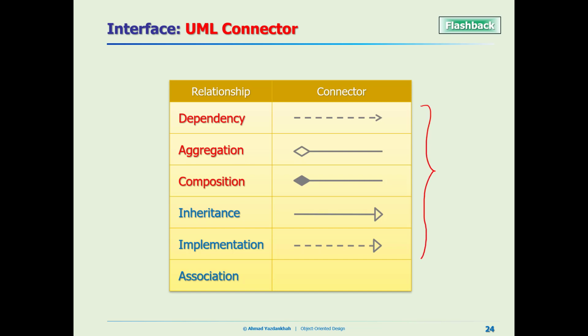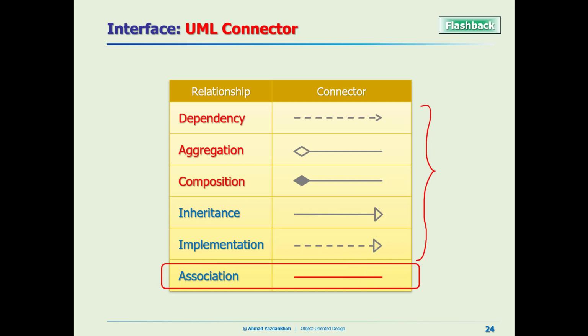These five have been covered, and the association is either a solid line like this, or it can also be an arrow this way, or that way, or even both sides. I just use the solid line here, but keep in mind that it is possible to have an arrow on one or both sides.